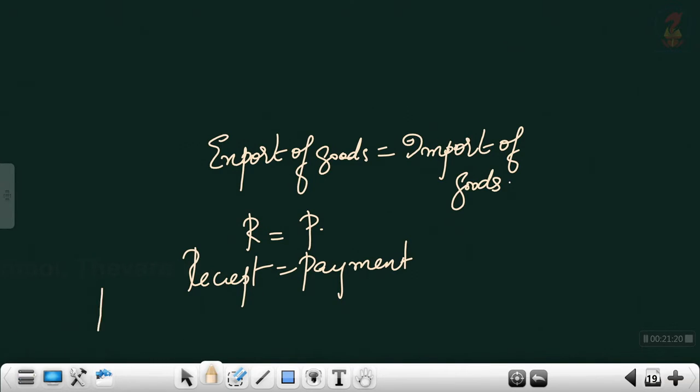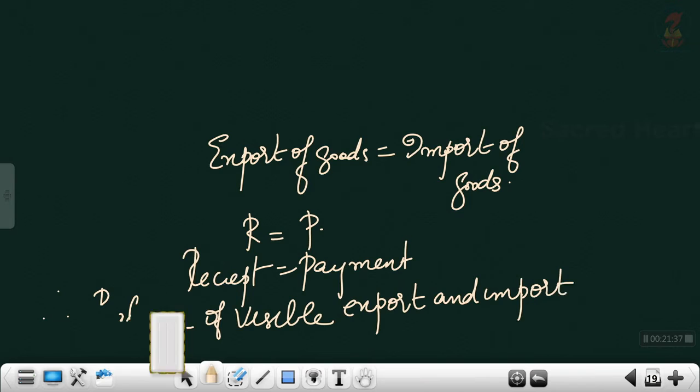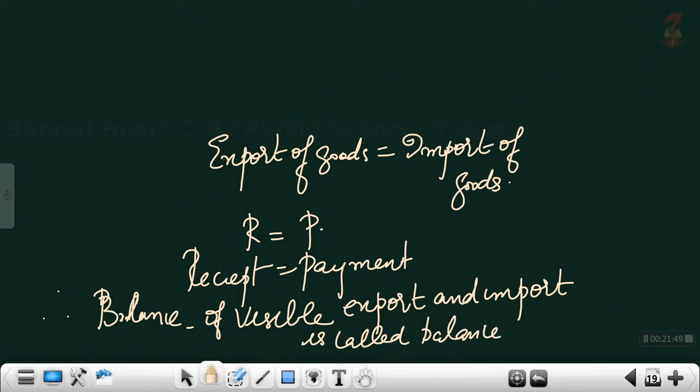Therefore, the balance of visible export and import is called balance of trade.